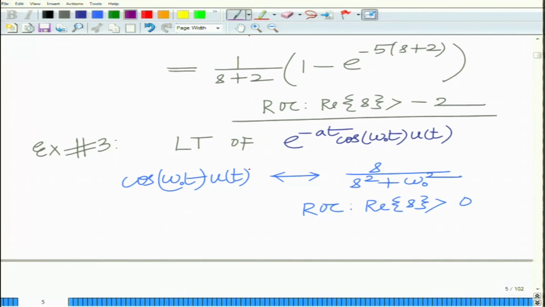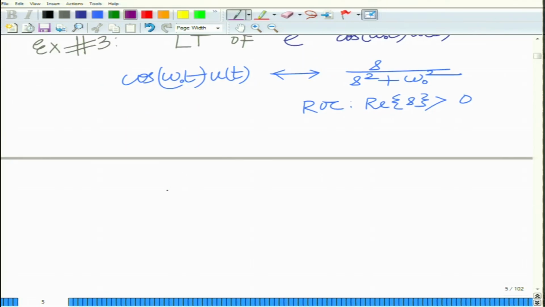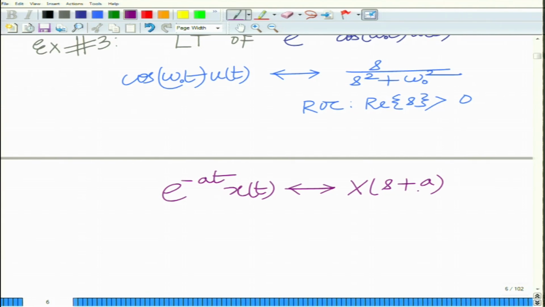Now, recall we have the property that e raised to minus a t x(t) has the Laplace transform X(s plus a), correct. So, where X(s) is the Laplace transform, that is, if x(t) has the Laplace transform X(s), then e raised to minus a t x(t) has the Laplace transform X(s plus a).